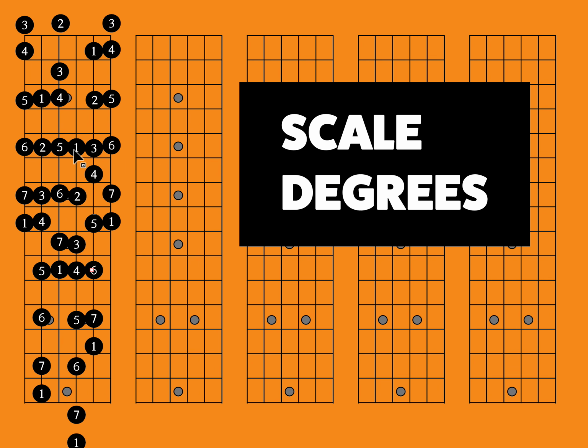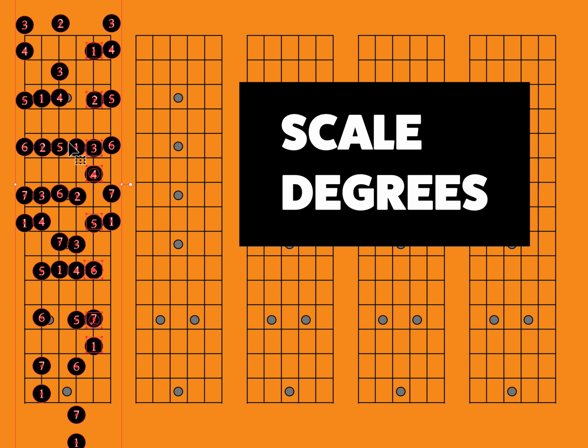In other words, if C is my 1, then you see where the 5 is, and that's symmetrical through most of the guitar, with the exception of course of the B string. The 5 is going to be back here. So with the use of scale degrees, we can reveal the intervals, and we know that relative to any scale, we're going to have the same thing.